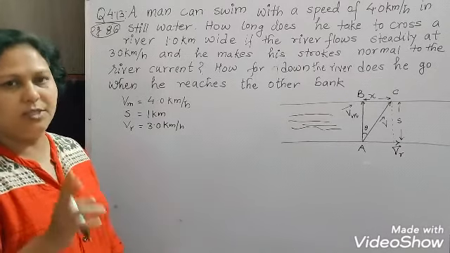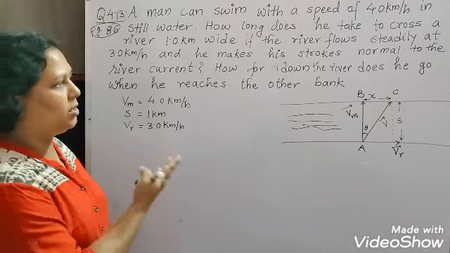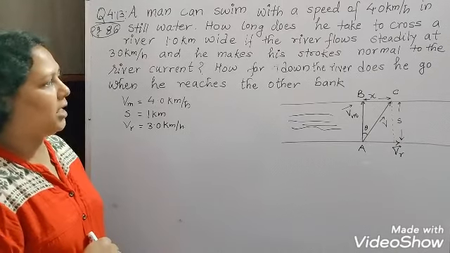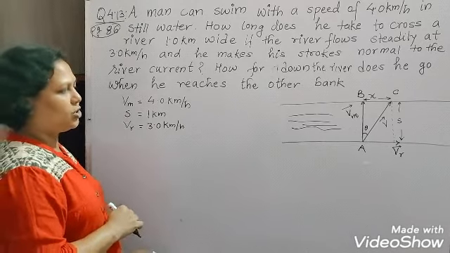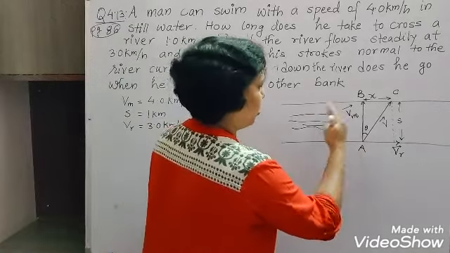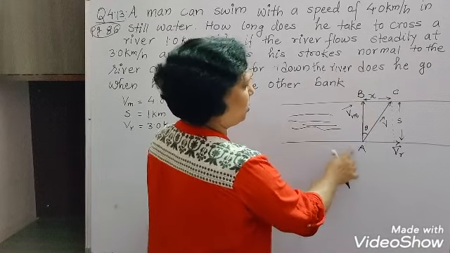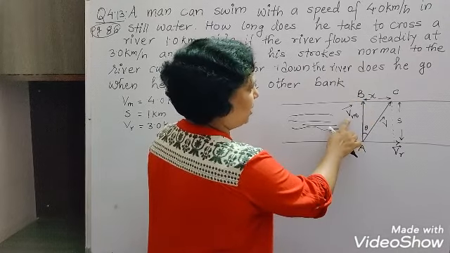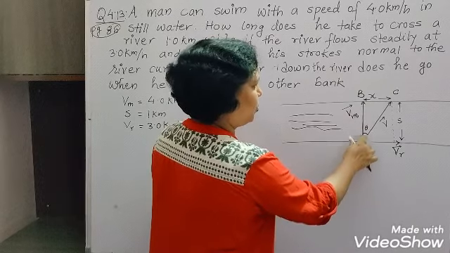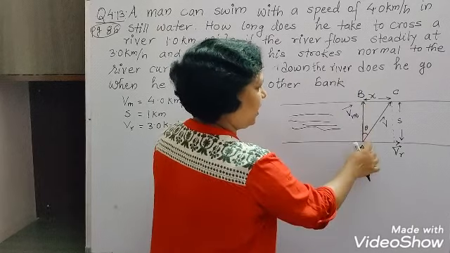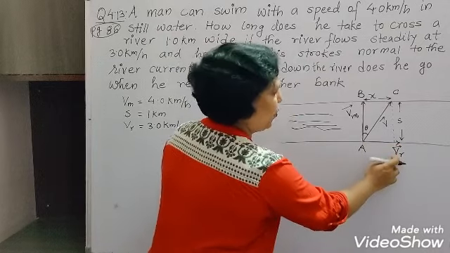So in this question we have to calculate the time by which he will reach point C, and X as well. You can see easily that when the person is swimming from A to B, making his stroke normal to the river current, the speed is represented along A to B, and the river current is flowing in this direction, equal to VR.